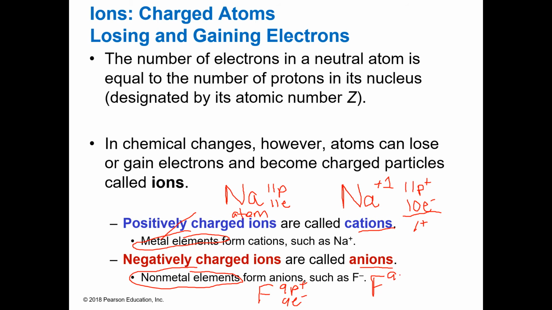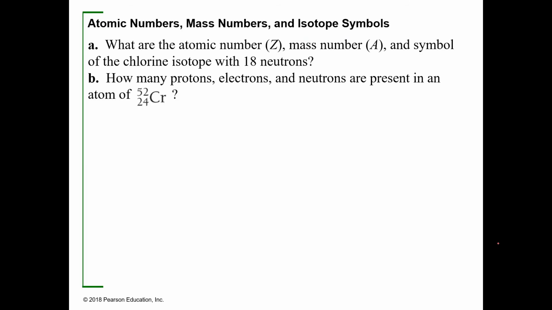So it still has 9 protons, but a fluorine ion actually has 10 electrons. And if I were to add that up, I'd have an overall charge of -1, and a fluorine ion looks like this, F to the -1. Okay, and we'll do a lot more with this as we continue.